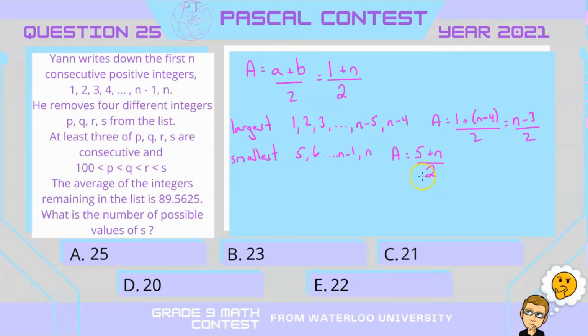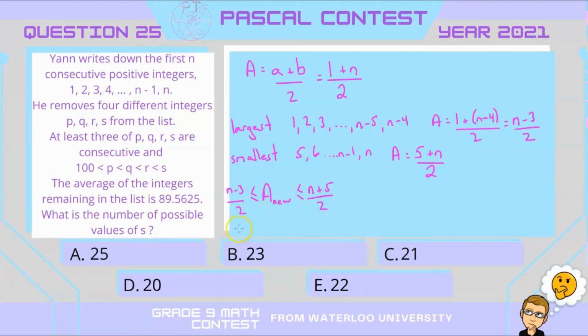So what this tells me is whichever 4 integers Jan removed, I know that the new average, let's call it A new, is going to be greater than or equal to n minus 3 over 2, and it's going to have to be less than or equal to n plus 5 over 2.